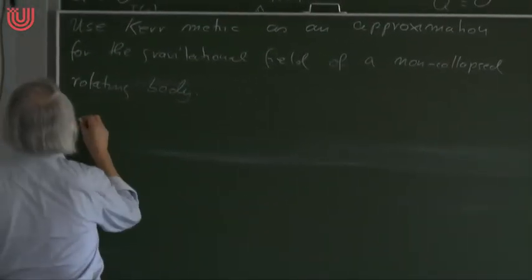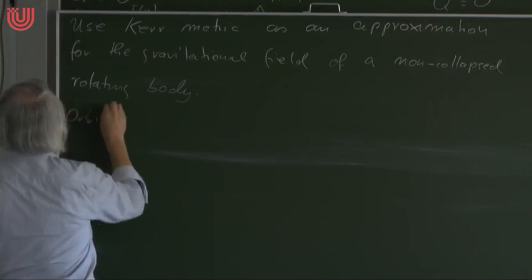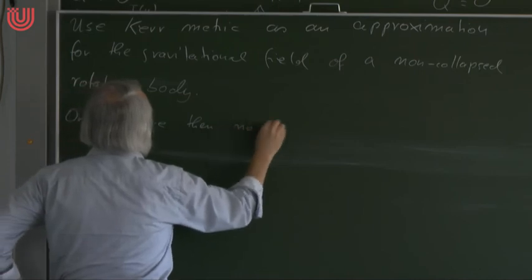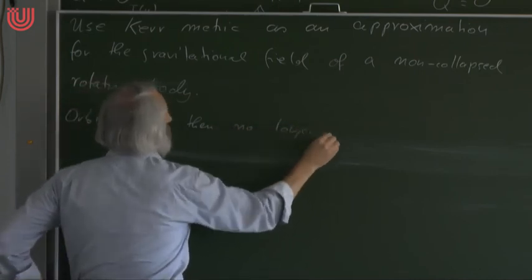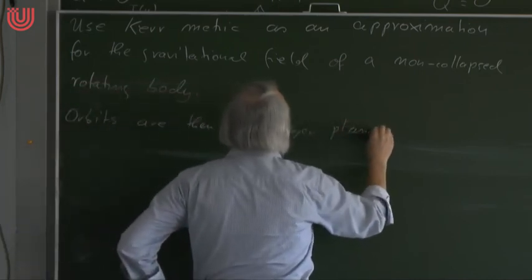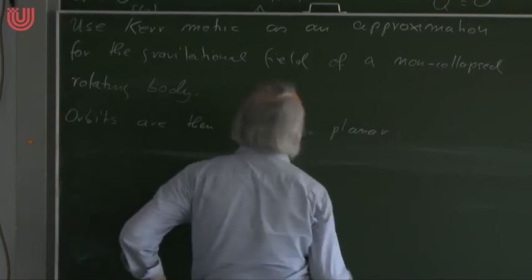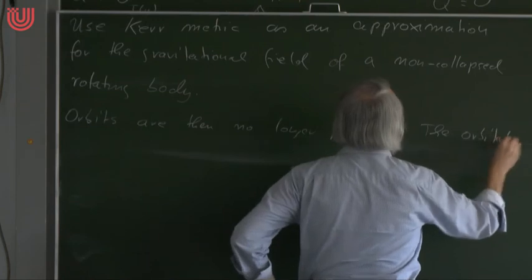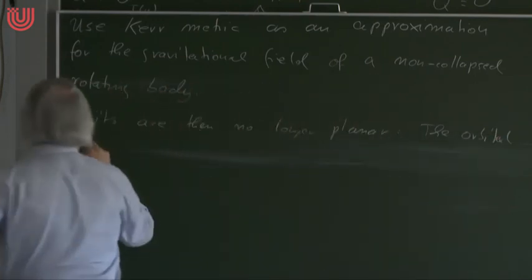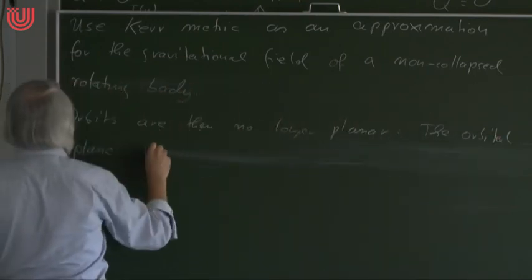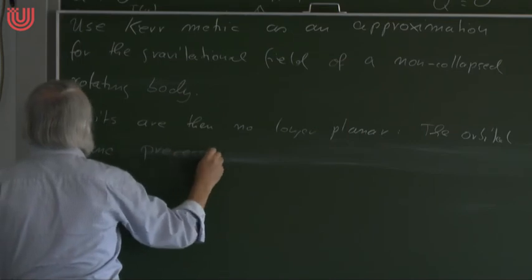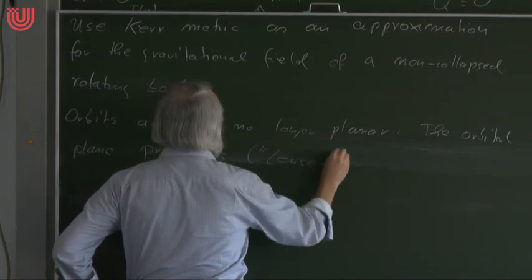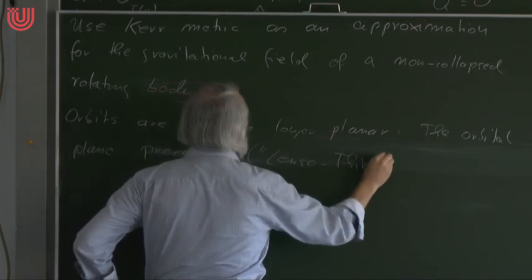So orbits are then no longer planar. The orbital plane precesses. And this is called the Lense-Thirring effect, or Lense-Thirring precession.